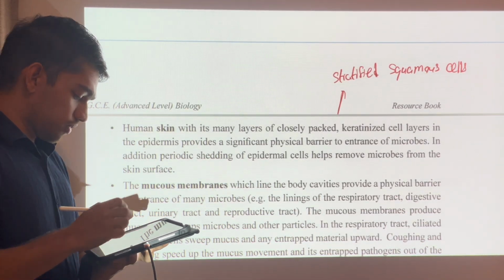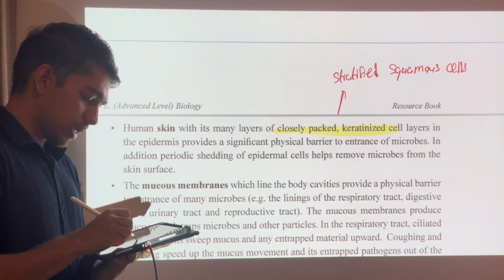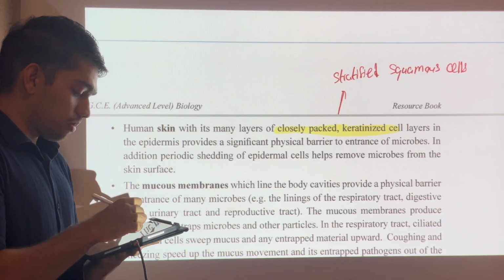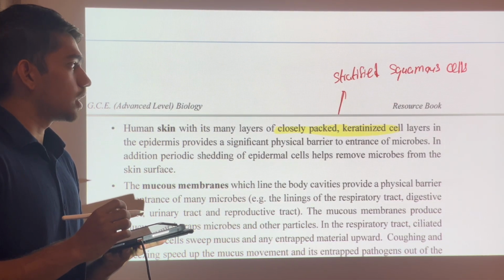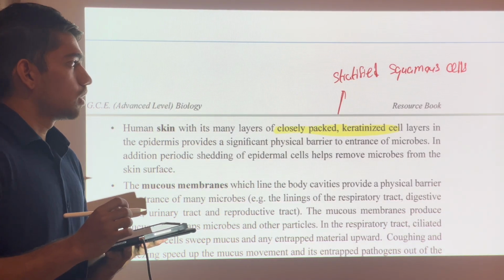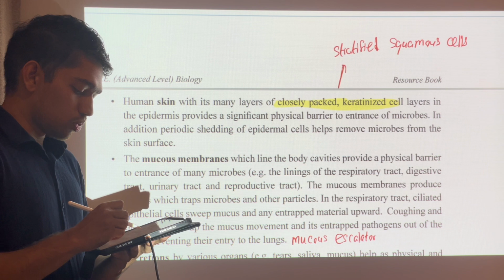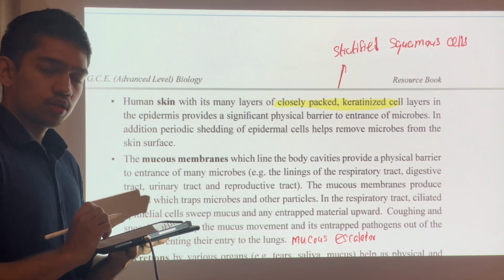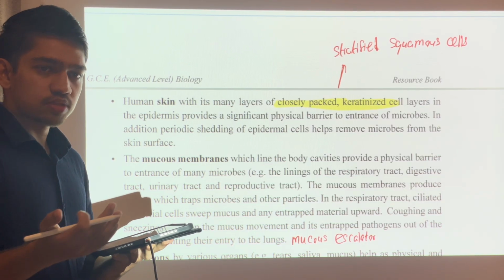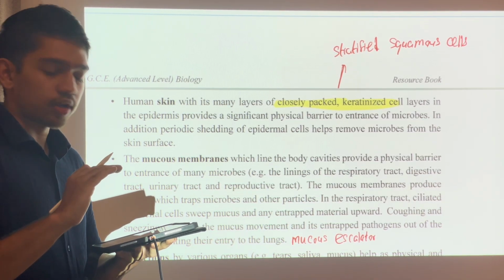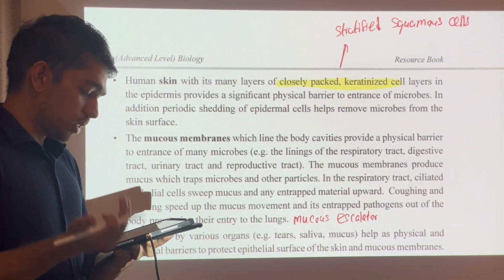So the first example is your human skin. Let's read the description first. The human skin has many layers of closely packed keratinized cell layers. If you remember, in epithelia we studied that the skin epidermis consists specifically of stratified squamous cells, right? And the epidermis is also keratinized, right? Keratinization is going to provide protection from desiccation, as well as be a very tough layer, so it's going to be the main physical barrier, right?